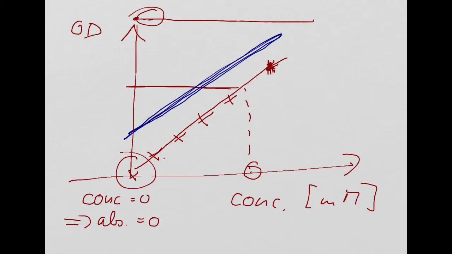Well, we just subtract the blank from each data point. So if your blank is, say, 0.01, you just subtract 0.01 from each of these data points here, and you are back to your normal red line. Simples.